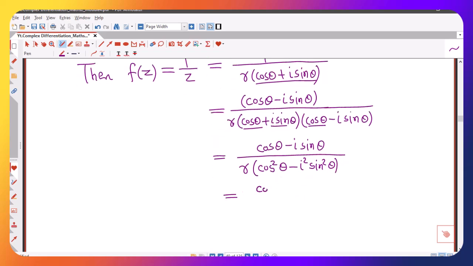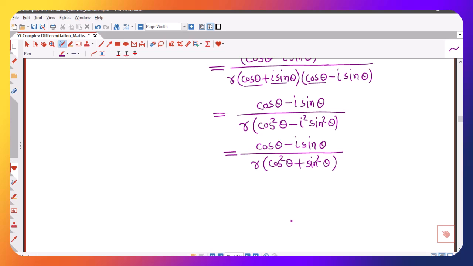Then we can keep this as it is, cos theta minus I sin theta, r as it is, I square is replaced by minus 1 and we have cos square theta plus sin square theta.